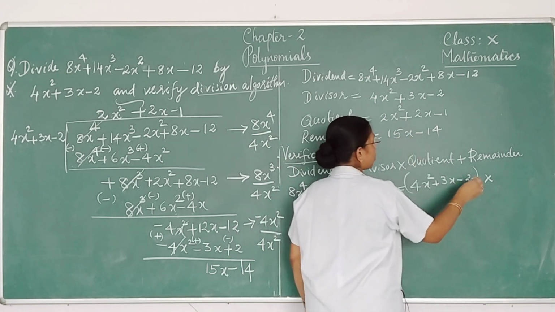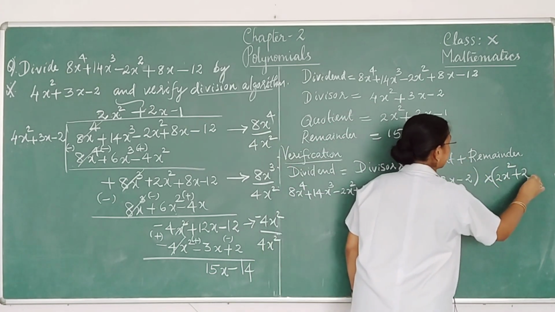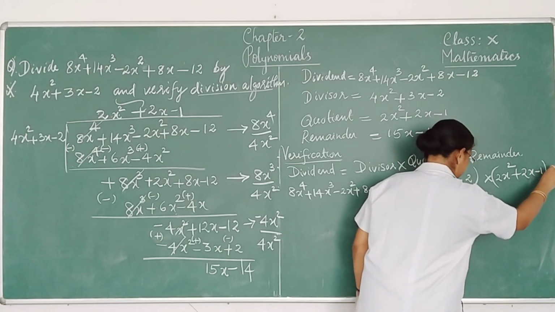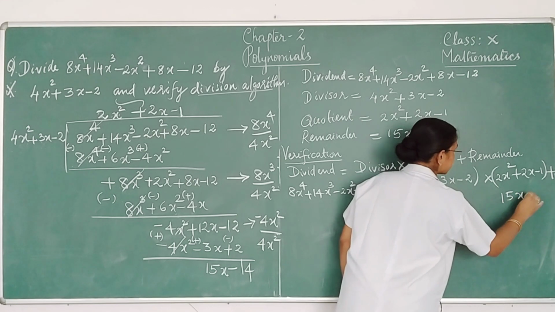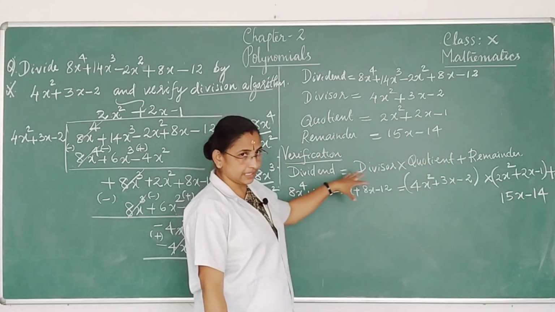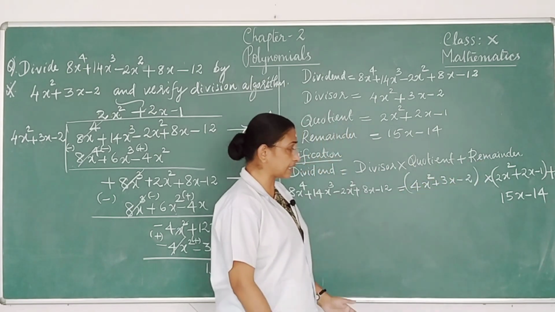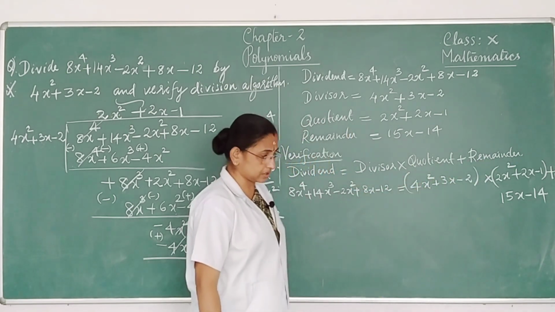Quotient is 2x square plus 2x minus 1 plus, what is the remainder? The remainder is 15x minus 14. Just substituting what is dividend, divisor, quotient and remainder. But you have to verify whether the LHS and RHS are equal or not.